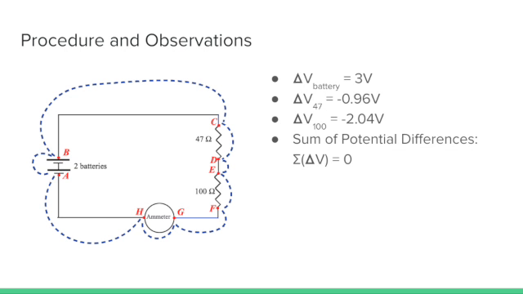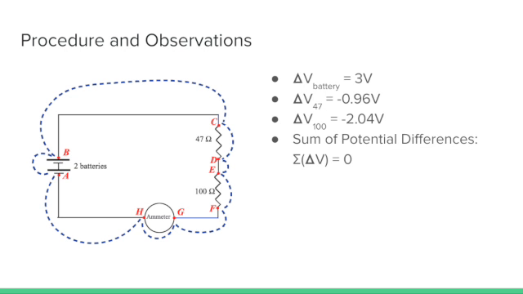Looking at this picture here, we can see many of the potential differences between several points around this circuit. First, if you place the voltmeter around the battery, the potential difference will be 3 volts. And then if you place the voltmeter cords around the 47 ohm resistor, you'll get a value of negative 0.96 volts.